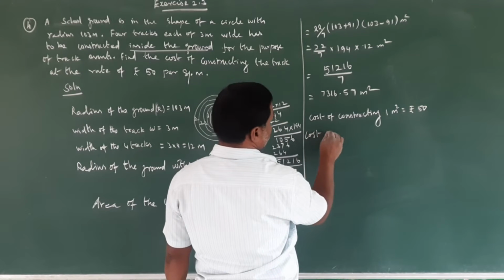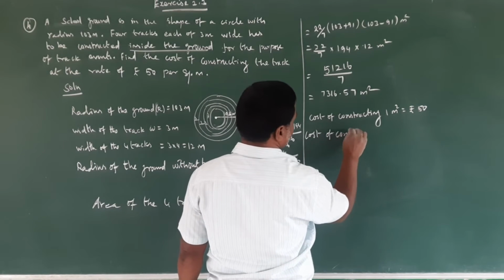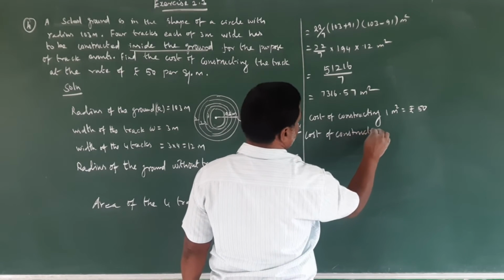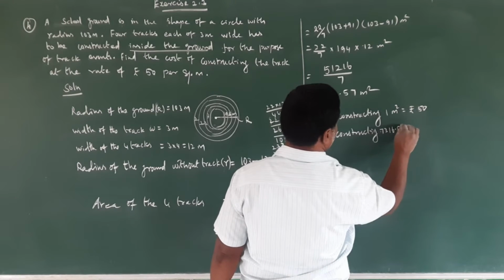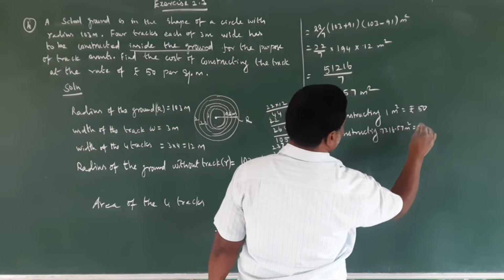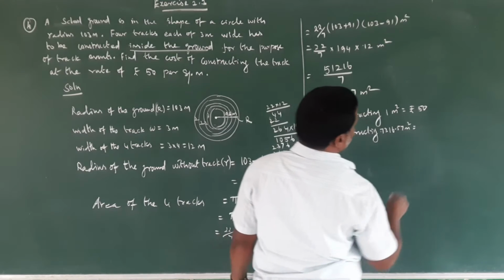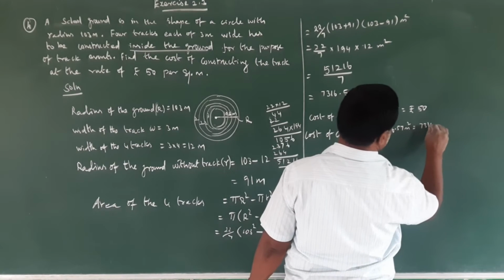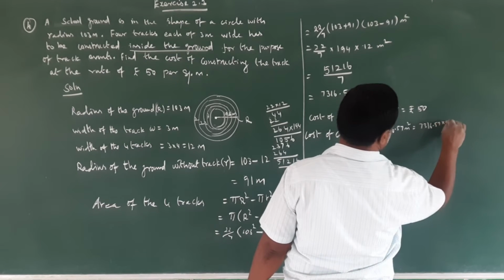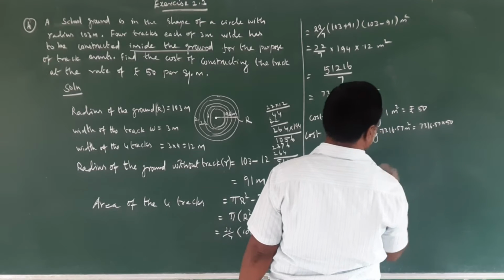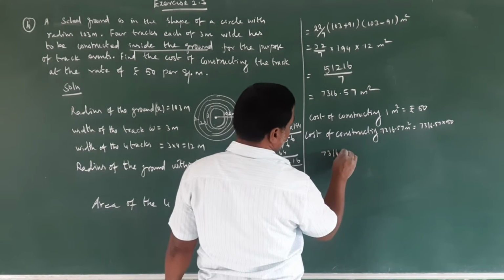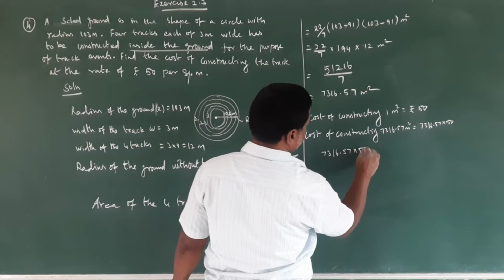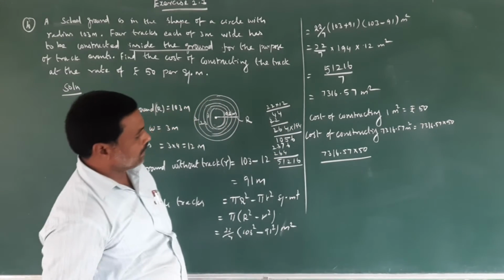The cost of constructing 7316.57 meter square equal to, you multiply 7316.57 into 50.